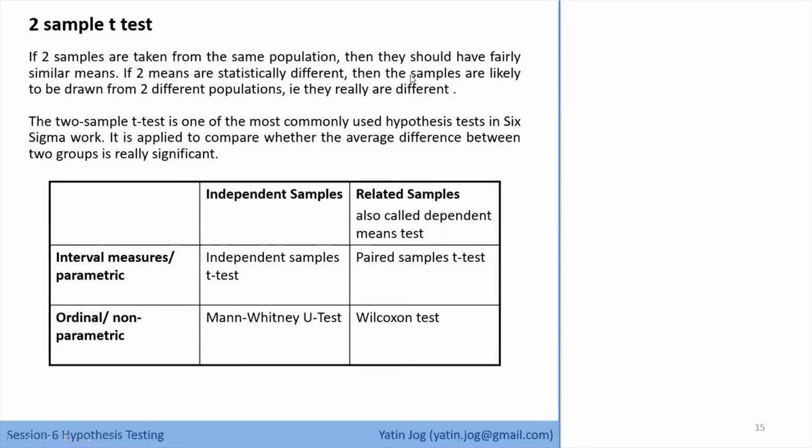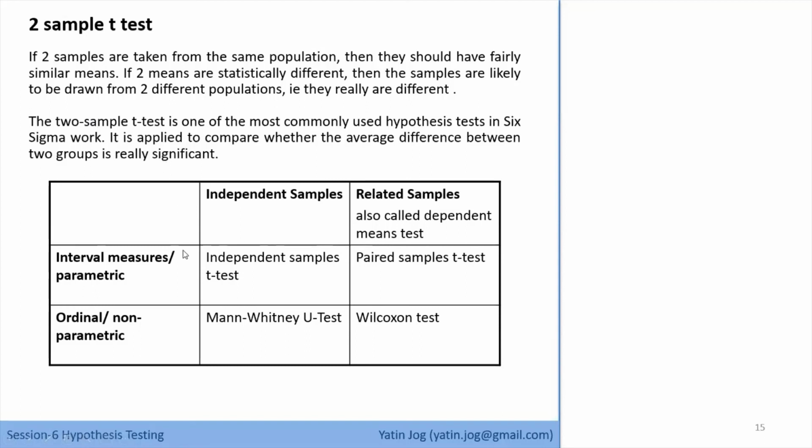That is the base concept of the two sample t-test. The two sample t-test is one of the most commonly used hypothesis tests, even in Six Sigma work. We have discussed in short what Six Sigma is and how standard deviation is useful in Six Sigma, which is for quality control. It is applied to compare whether the average difference between two groups is really significant.